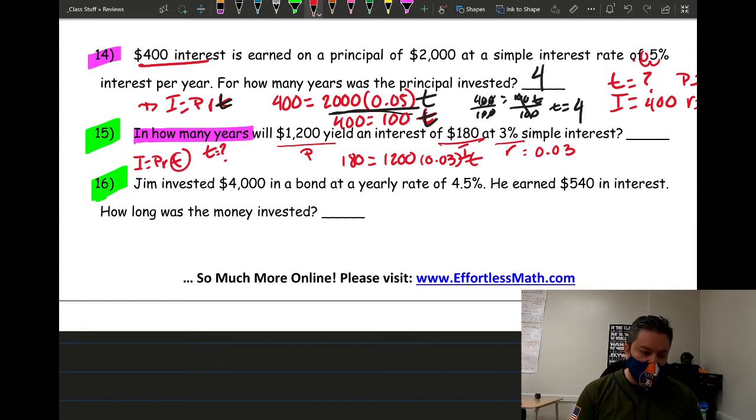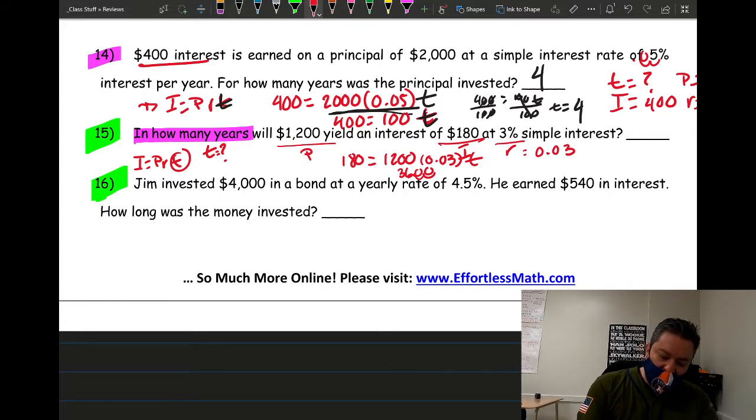So the first thing we gotta do is multiply 1,200 times 0.03. And when we multiply that, we get 12 times 3 is 36. Then you add the 2 zeros, but then you take away 2 zeros, so it's 36.